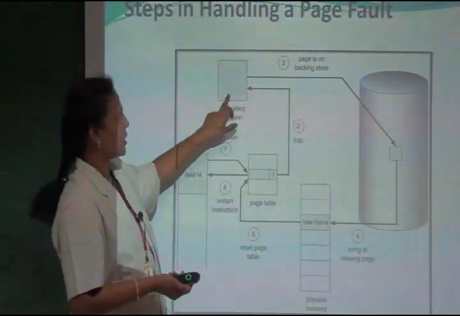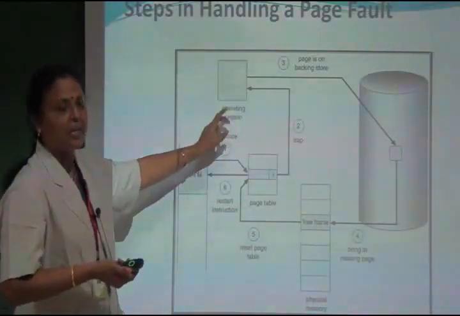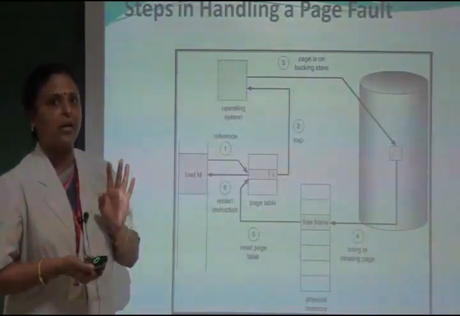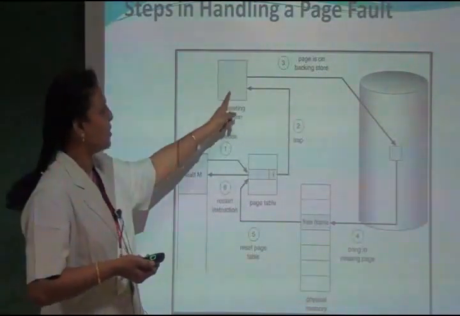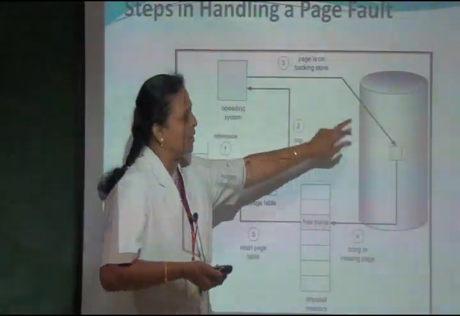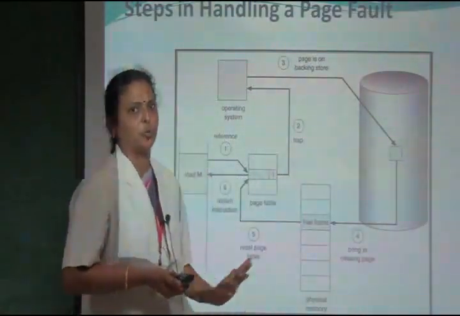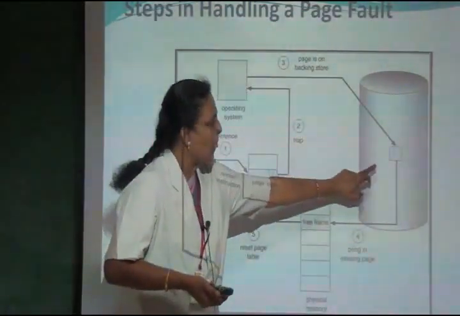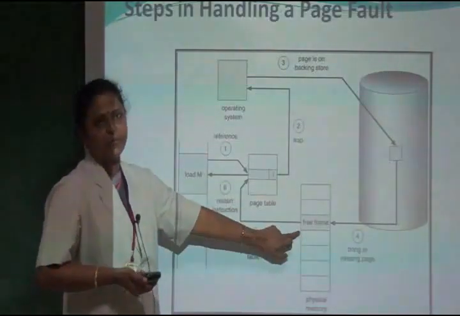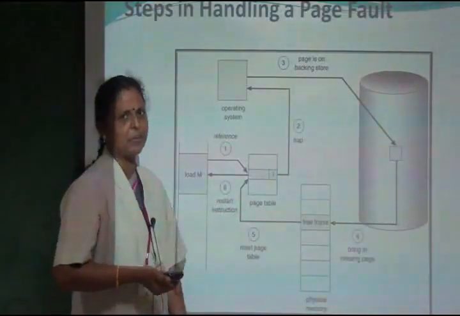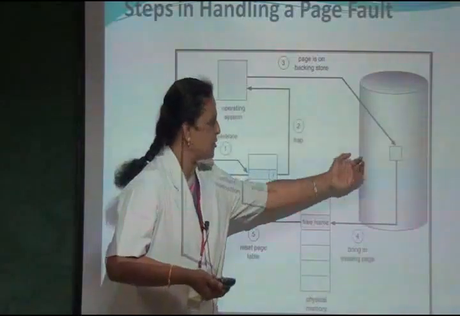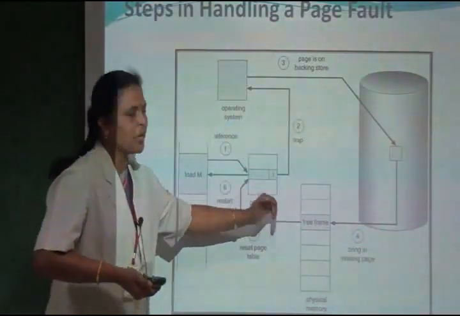First the operating system will check whether that page is a valid page or not. If it is a valid page, then it will check whether it is available in the backing store. If it is available, then it finds a free frame in the physical memory and brings that page from the secondary storage device to the free frame.